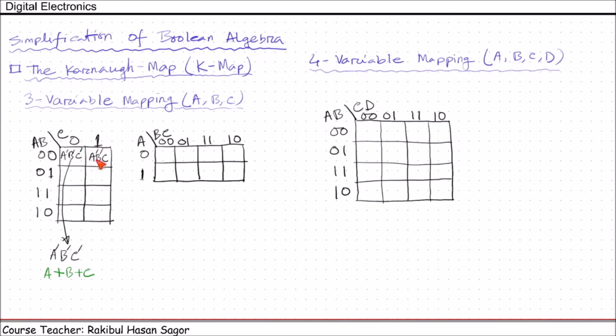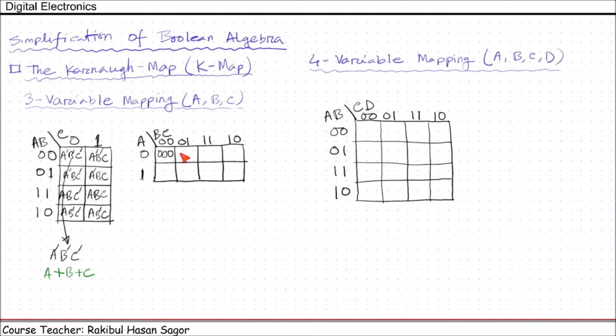This rectangle is 0 1 0, so its name will be A prime, B, C prime, and this rectangle will be A prime, B, C. Then 1 0 0 is A, B prime, C prime, then A, B prime, C, then A, B, C prime, and finally A, B, C. Again, in terms of values, we can write A equal to 0, B equal to 0, C equal to 0.